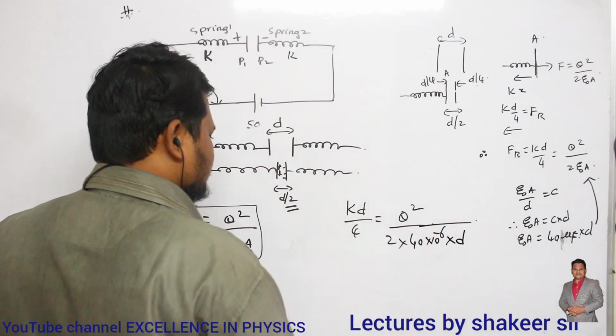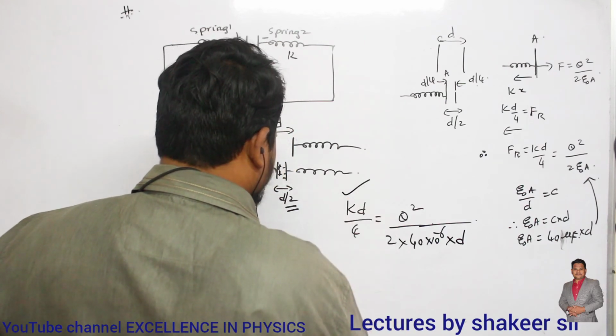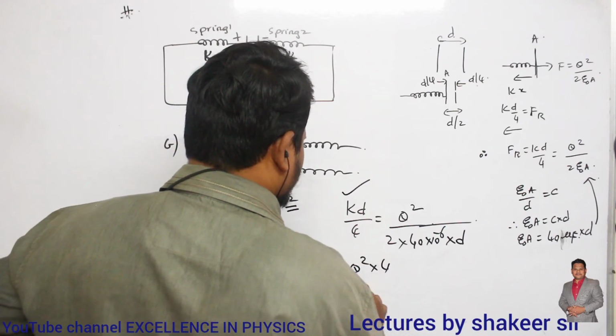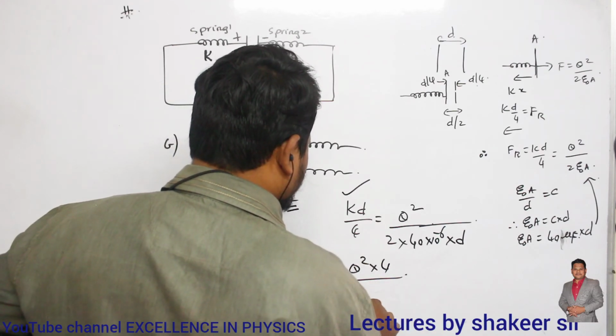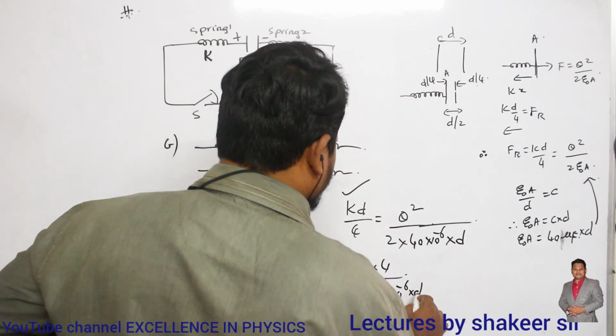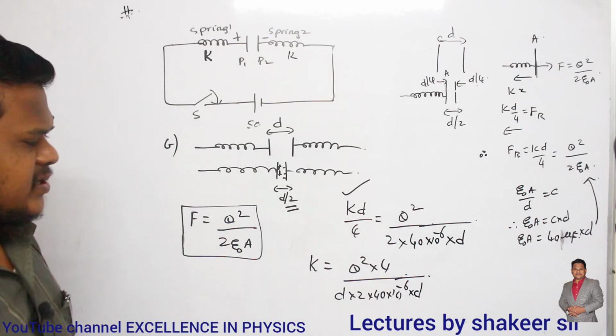Okay? So what I am supposed to find out is the K value only. So K is equal to Q squared into 4 divided by d into 2 into 40 into 10 power minus 6 multiplied by d. Now just substitute all the values, and that is my required answer.